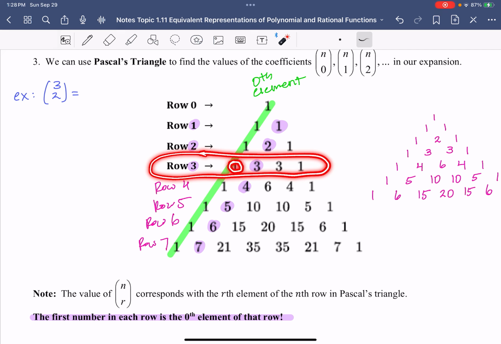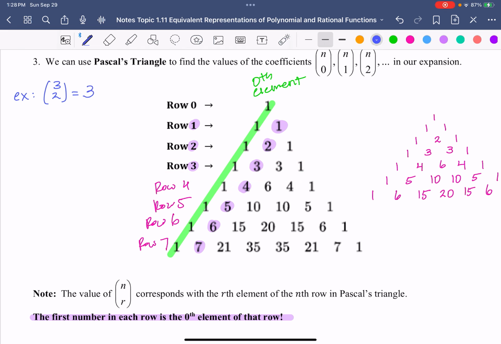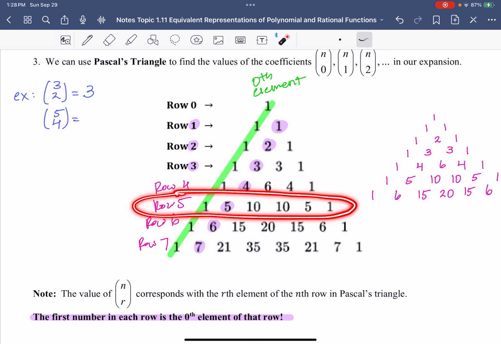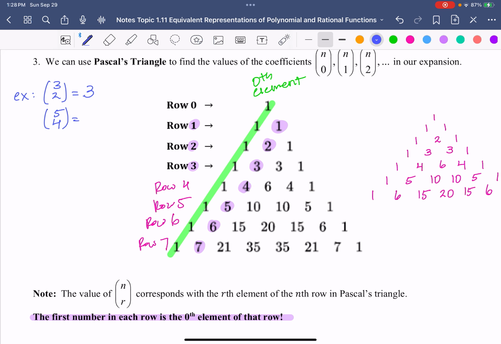So this is the 0th element, the first element, and this one is my second element, which would be 3. Okay, let's try another one. Let's do 5 choose 4. I'm going to go to row 5, and I'm going to look for the fourth element, starting at 0, 1, 2, 3, and my fourth element would be 5.